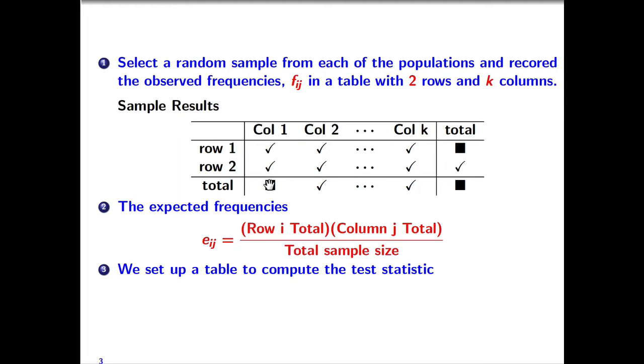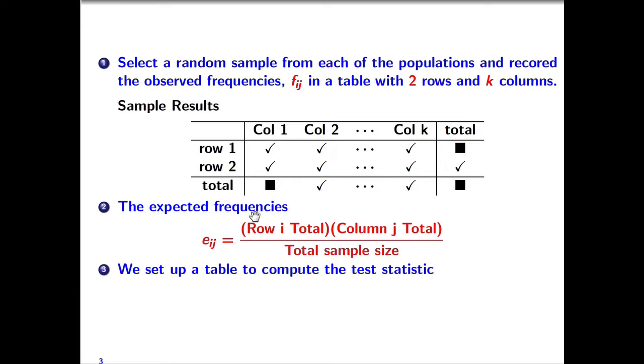And then this is the column total for column 1, column 2, etc. Your observed frequency for row 1, column 1 will be F11, and this will be F12, and then this value will be F1k. For the expected frequency, you have this equation Eij equal to row i total times column j total over total sample size.